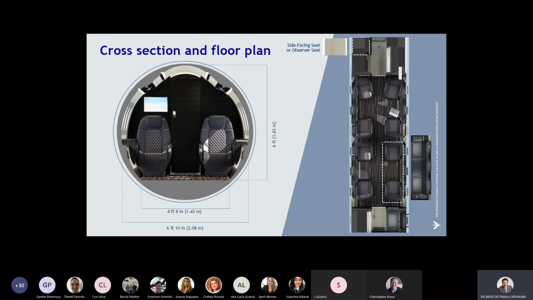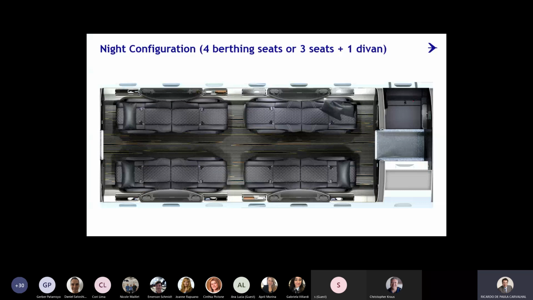Going next, in terms of sleeping, remember my first slides, right? The Praetor 600 is an airplane that puts you close to 9 hours of range. I myself did a flight from Rio de Janeiro to Fort Lauderdale, which was 9 hours and 26 minutes in this airplane. So if you're doing this overnight, you will certainly be sleeping.